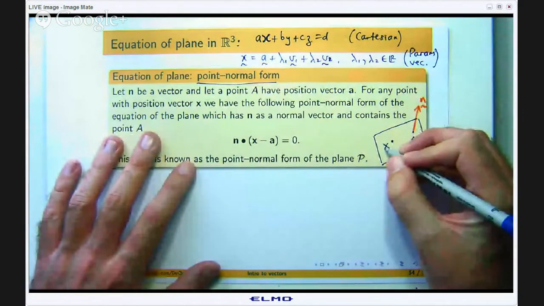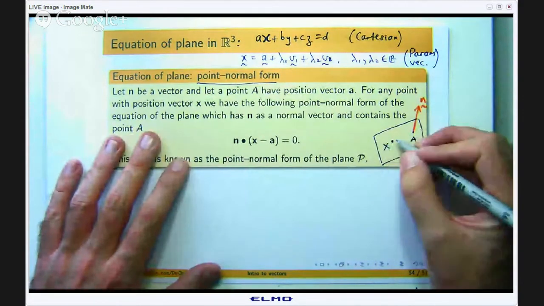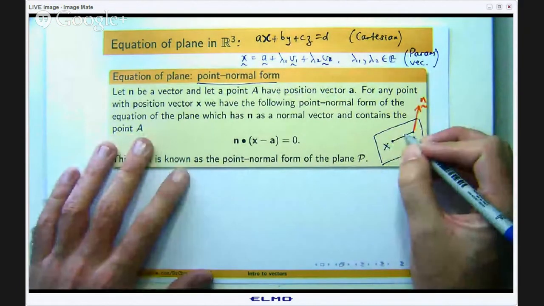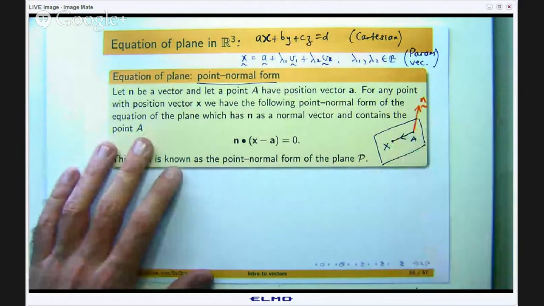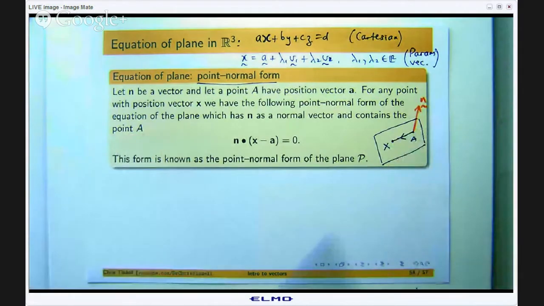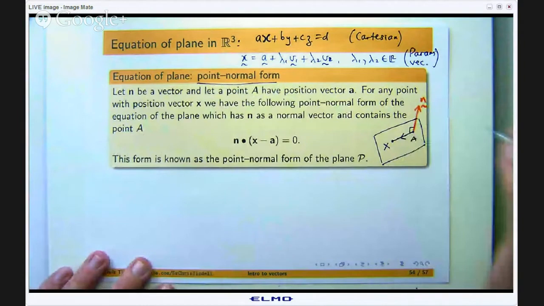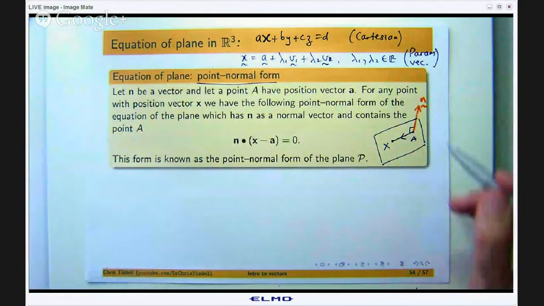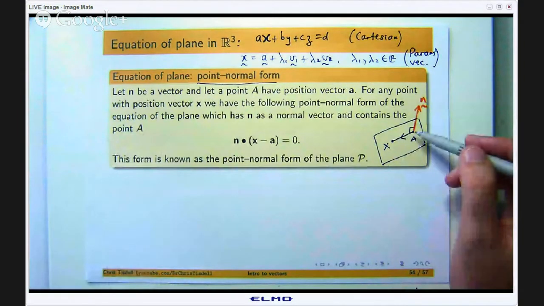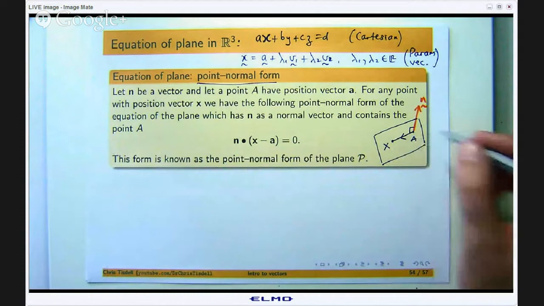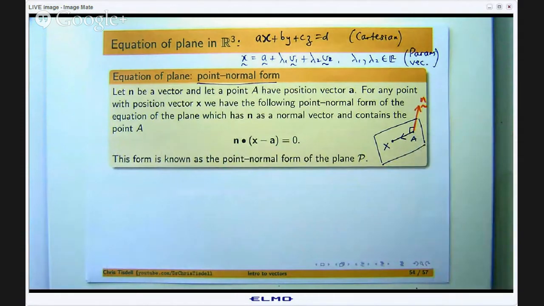Okay, well, for every point x in that plane, I can form a vector from the known point A to the point x, and this angle between the two vectors, the normal vector and the vector lying in the plane, must be the two vectors must be orthogonal, normal, or perpendicular.